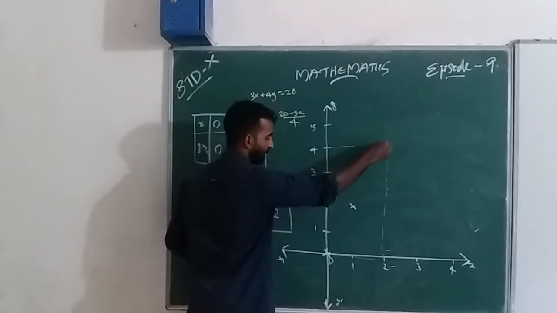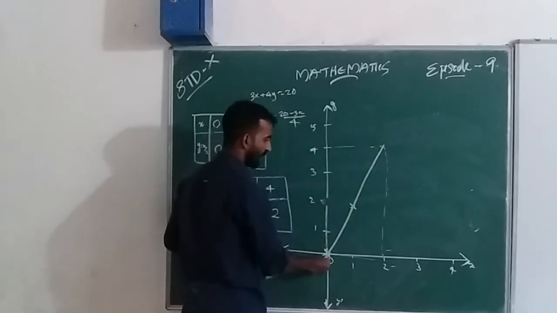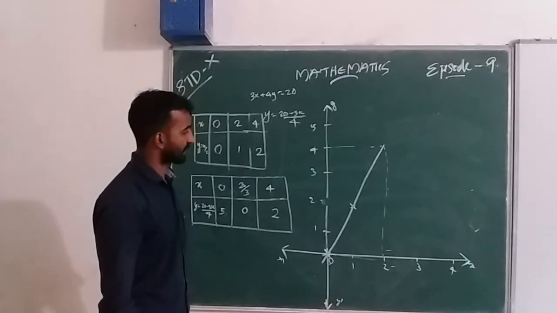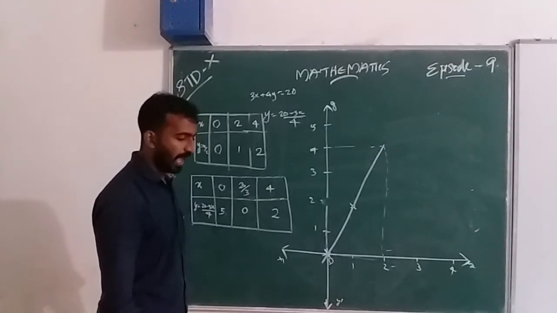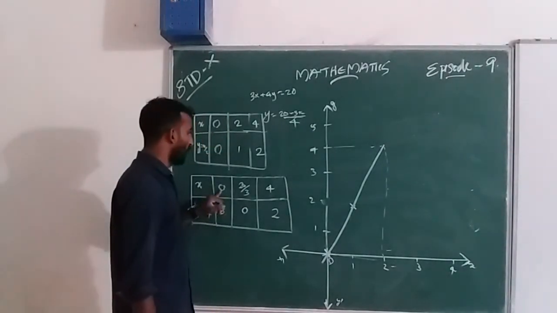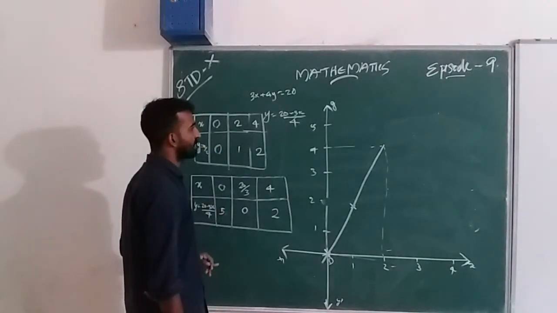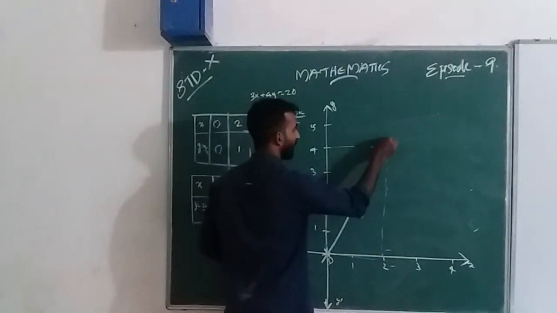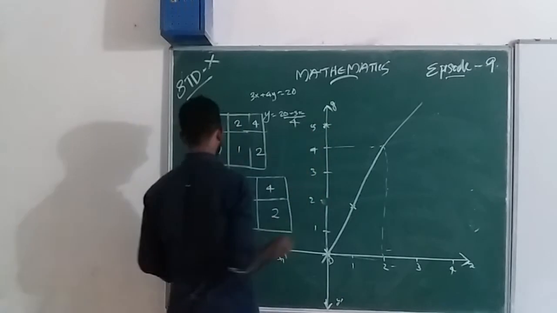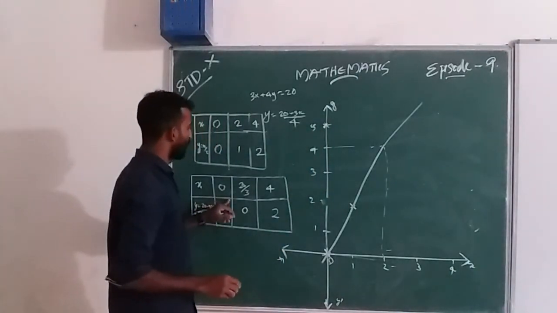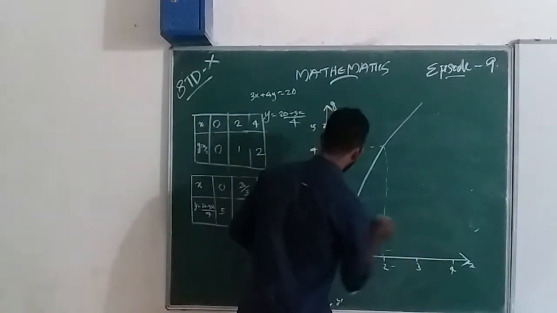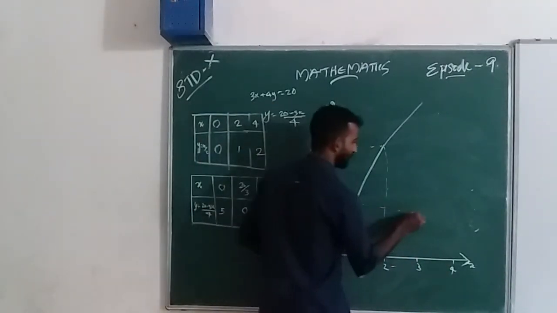That is the same straight line. Is it? That is a straight line. And next we can plot 0, 5. Here is 0, 5. And another is 4, 2. 4 is here, 2 is here.